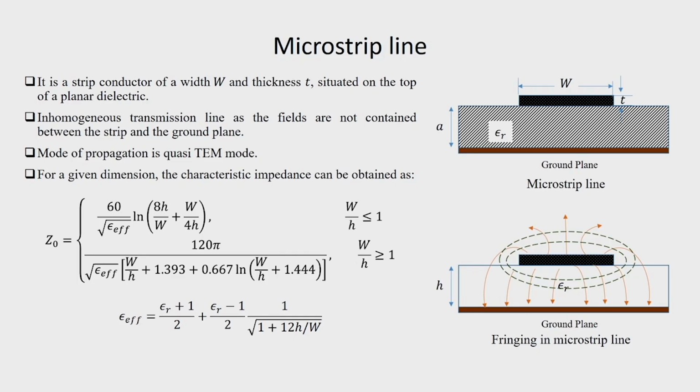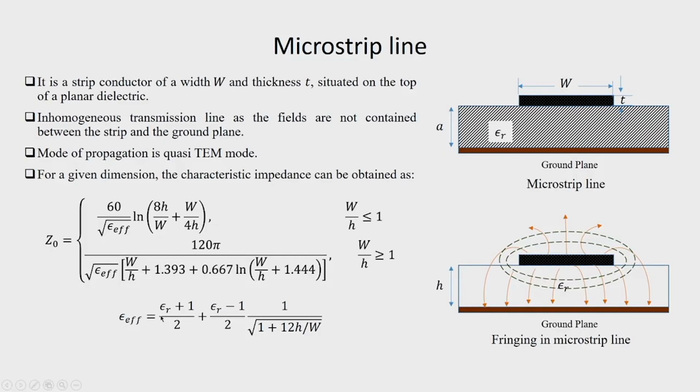Why are we talking of epsilon effective? Because here the strip is not fully inside a single dielectric medium. So, the first approximation of the dielectric constant is epsilon r plus 1 divided by 2, and this is the correction factor which is applied.